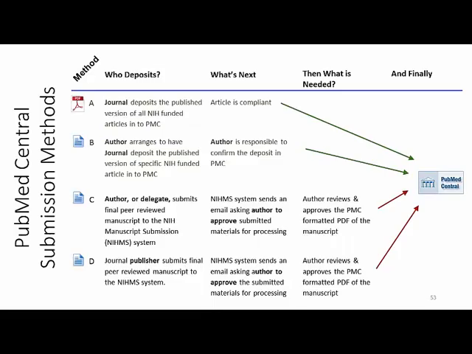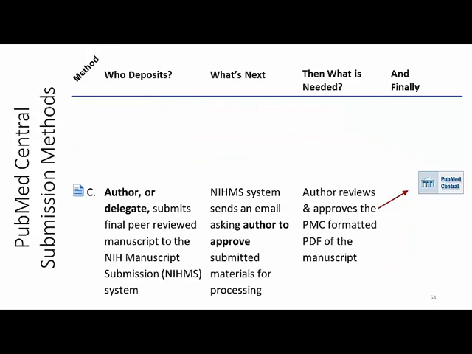These are the different ways that the information can get into PMC, or PubMed Central. What we're talking about is method C, where you as a delegate or the author themselves will submit the manuscript to the system called the NIH Manuscript Submission System.